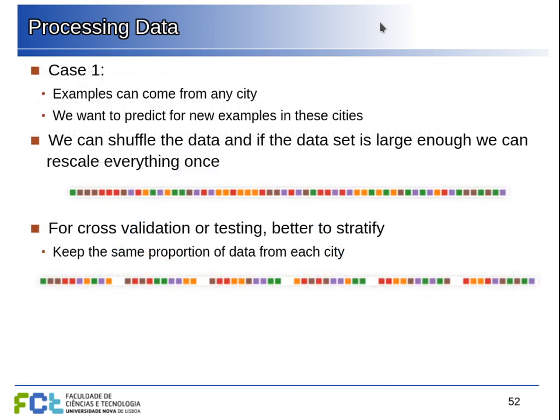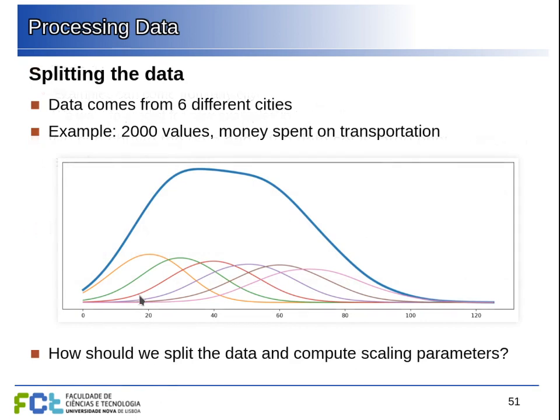And if we have a large number of points, the difference between the means and standard deviation of subsets of these points will be so small we can just ignore it. So we can shuffle this, do rescaling once. If we want to do cross-validation, it's probably a good idea to stratify so that the proportion of data from each city is the same in all of these sets, because if we change the proportions of the cities, we can change the distributions, and that can be a mistake if we assume that our future points can also come from any city with the same probabilities.